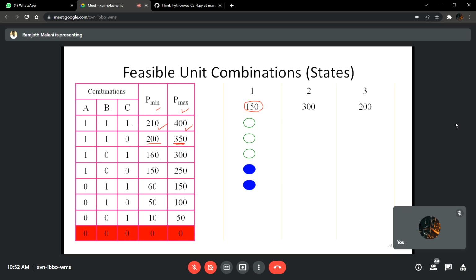So whether this state 111 is feasible to supply 150 megawatt.